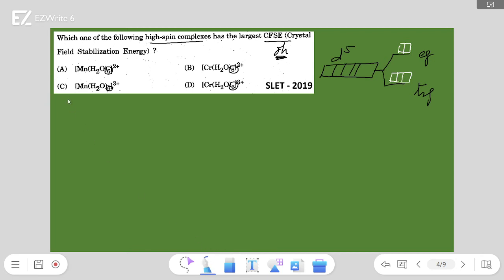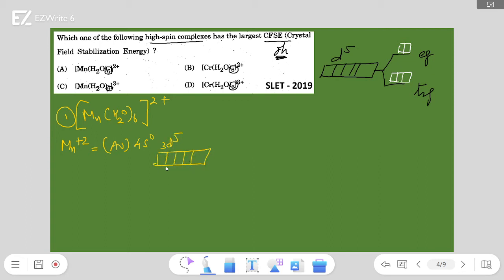The arrangement of electrons in this set of orbitals will help us solve this question. Taking the first example itself, Mn(H2O)6 2+. This means Mn 2+, and when it is Mn 2+, it is argon 4s0 3d5. Friends, be very clear, all are weak field ligands, H2O, and therefore pairing will not take place.